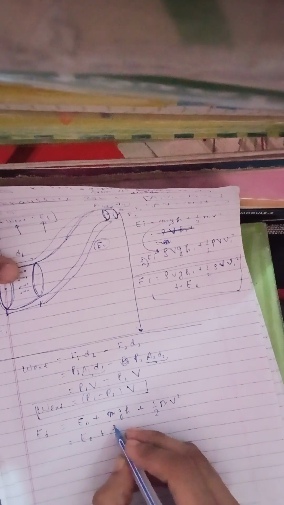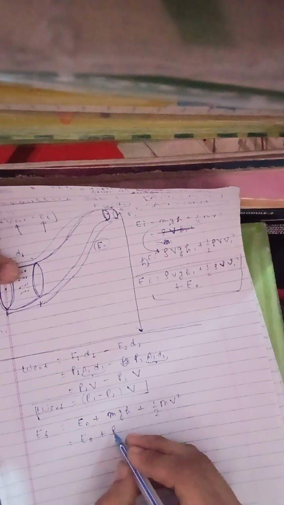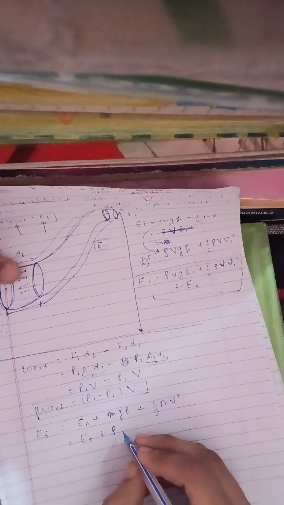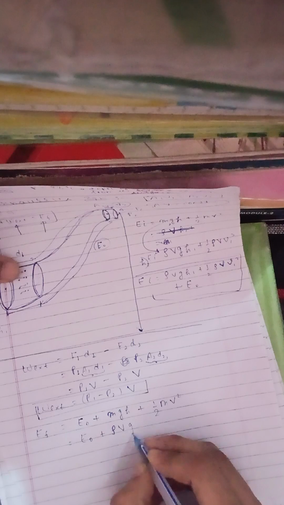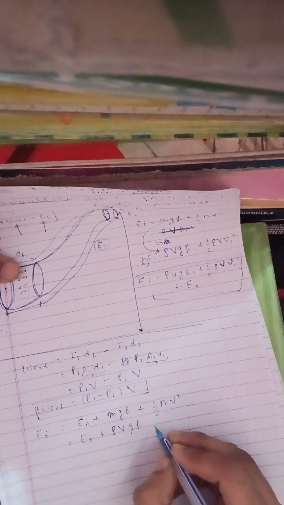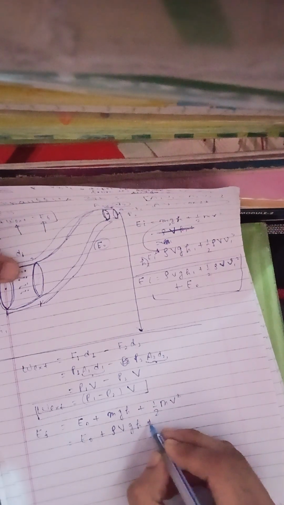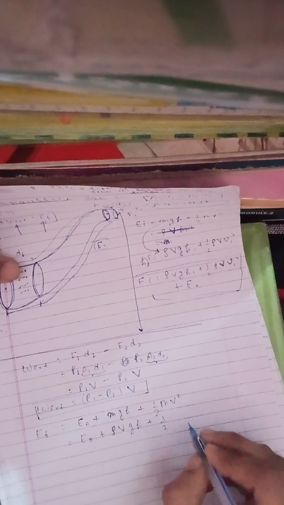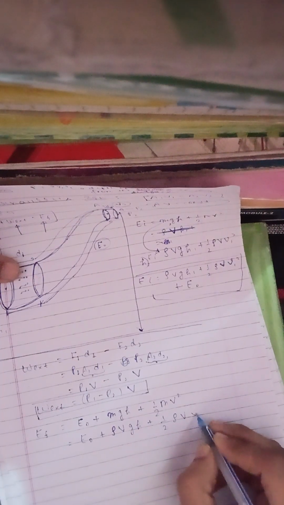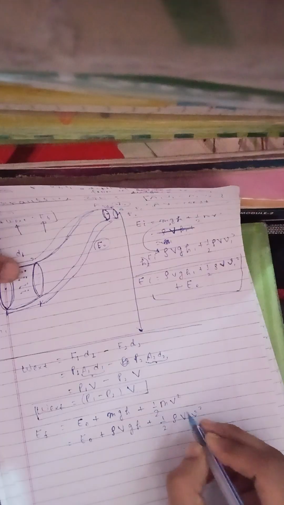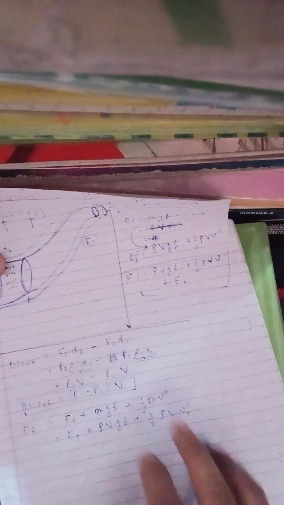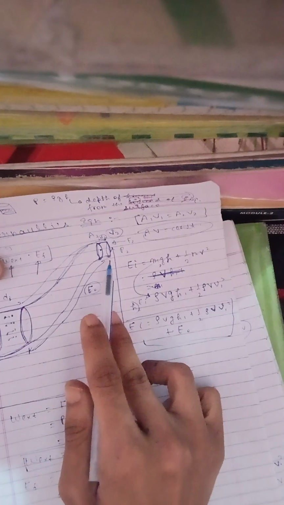So we'll write it in terms of the density of liquid and volume: rho V g h. Then we have half mass, but here we will have v2, because here it was v2 speed. This was coming out with v2 speed.